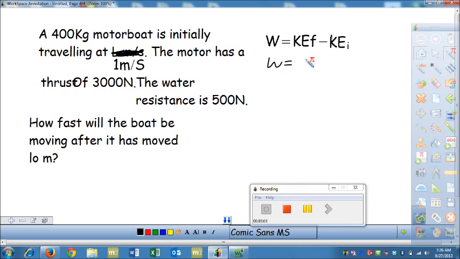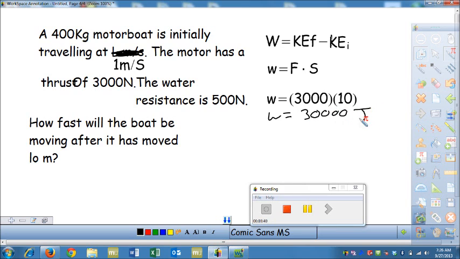Work equals force times distance if they're in the same direction. So we know that the force is the thrust, 3,000 newtons. The distance is 10 meters. So that means work equals 3,000 times 10. Work equals 30,000 joules.